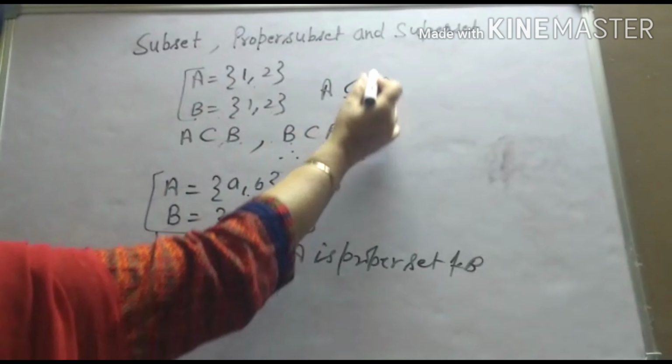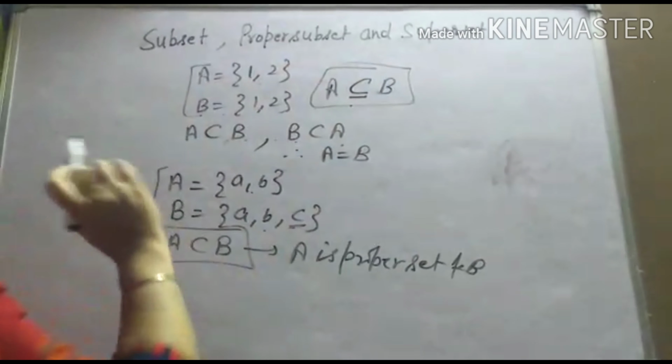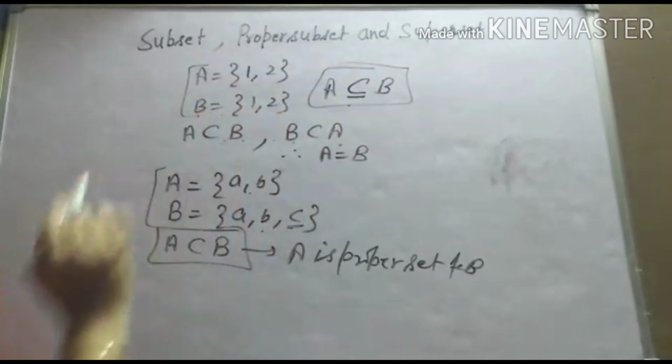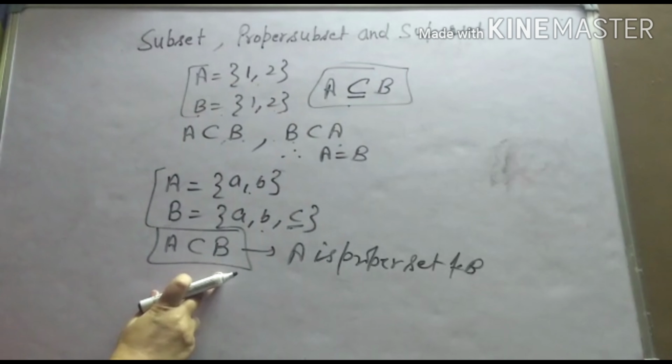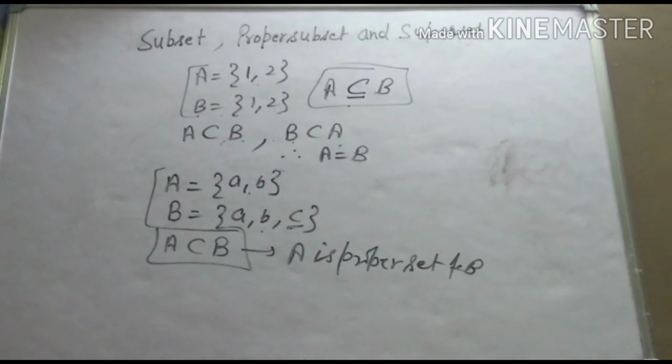Therefore, we will represent it by this symbol. So, A is subset of B, and in the earlier case, A is proper subset of B.